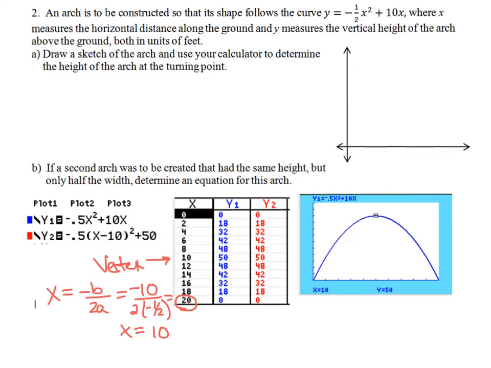Again, you're going to have to adjust your window on your calculator. So on my calculator, when I hit the window key, I made my x max be equal to 20, and I made my y max be equal to 60.